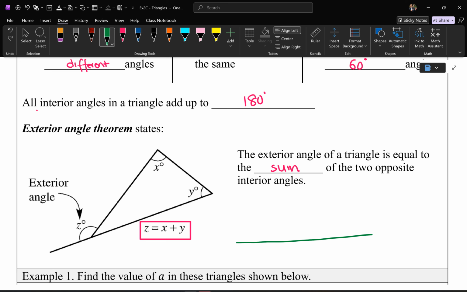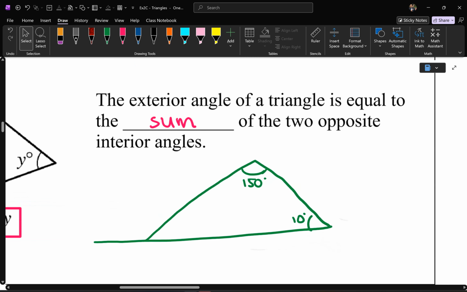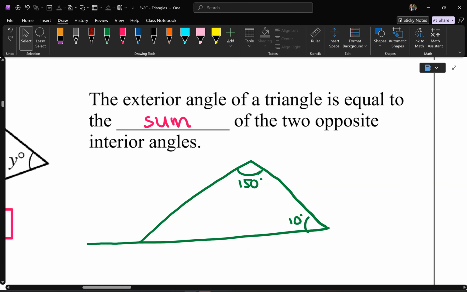So here's an example. Let's say I told you this was an obtuse angle. Let's do 150. This is an acute angle. Let's go with 10. Let's say you didn't know the exterior angle theorem.